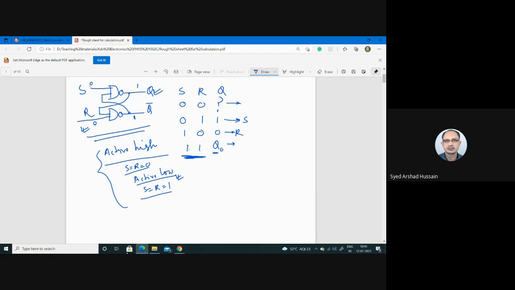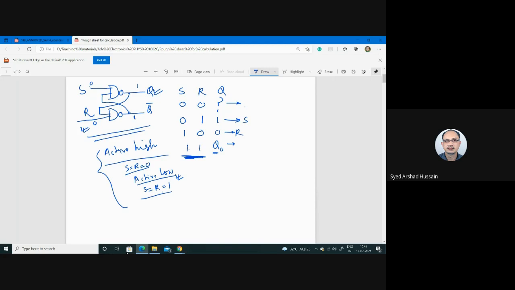If you draw the same circuit using NOR gates, you will see the function table just reverses. 0 0 is no change, 0 1 gives you output 0, 1 0 gives you 1, and 1 1 will be uncertainty if you replace this NAND gate using NOR gate.